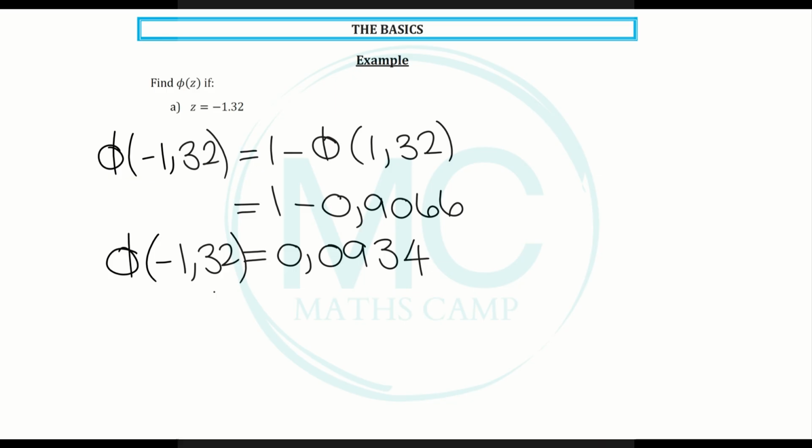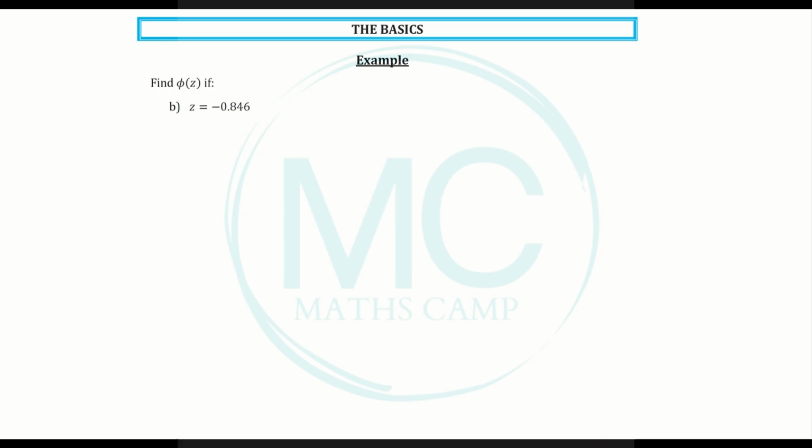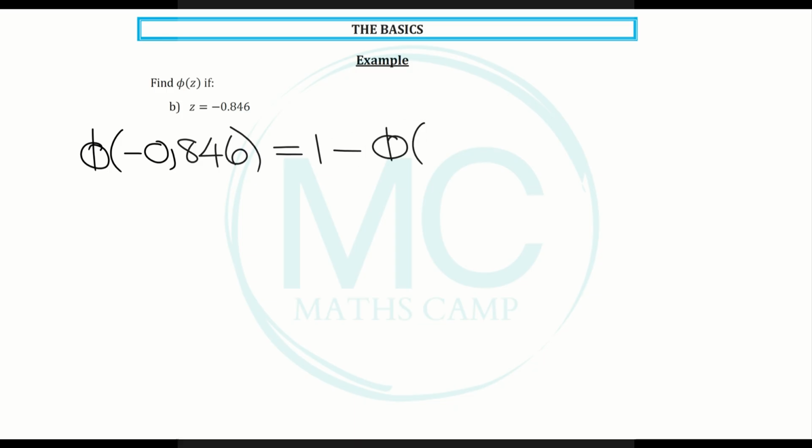Let's do another one. Find the probability if z is equal to negative 0,846. So I can say the probability of negative 0,846 is going to be equal to 1 minus the probability that z is positive 0,846.